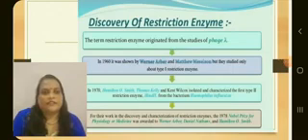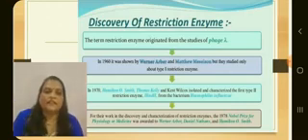Discovery of restriction enzymes. The term restriction enzymes originated from the studies on lambda phage of E. coli. The first restriction enzyme was shown by Werner Arber and Matthew Meselson in 1960.